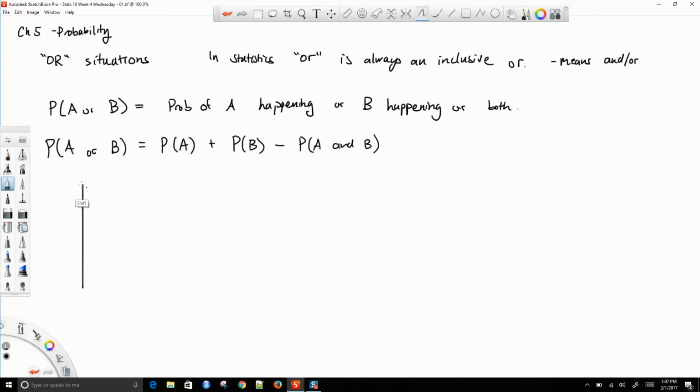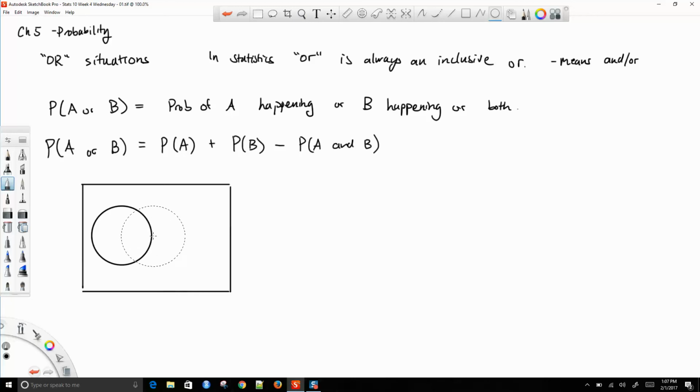If we draw a little Venn diagram, it looks sort of like this. I have a circle here, I have a circle there. We can label this A. Whoops, let's see, I have the wrong drawing tool.